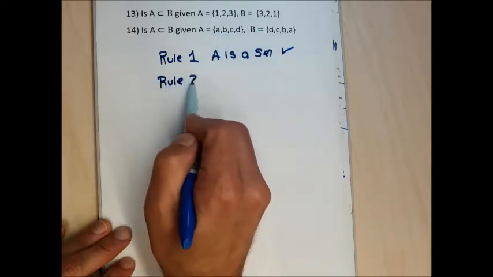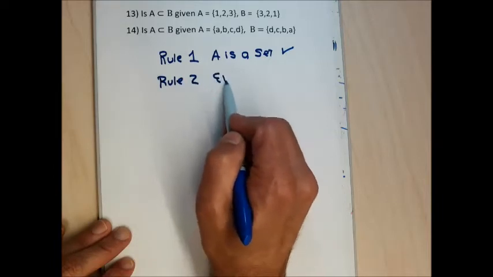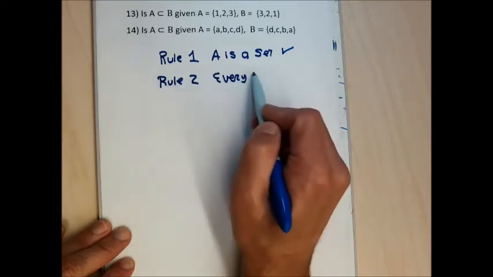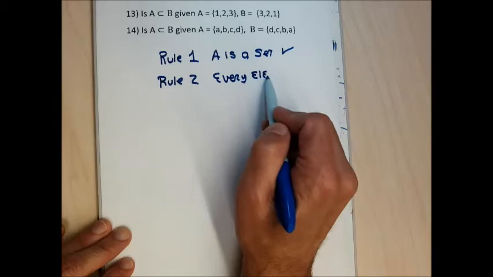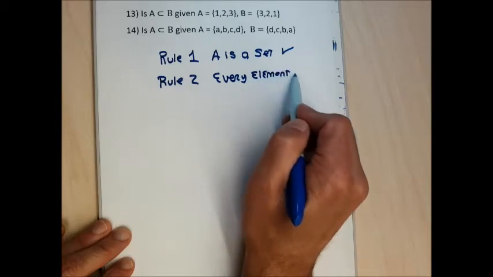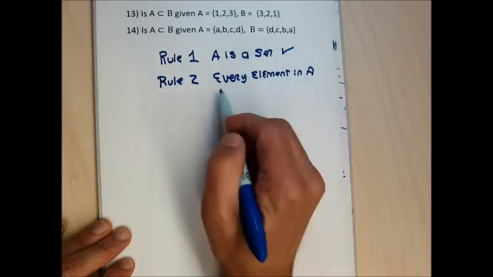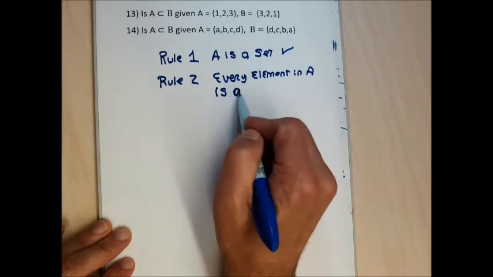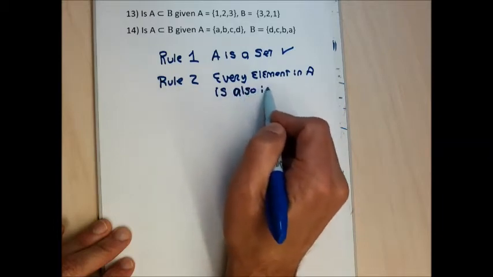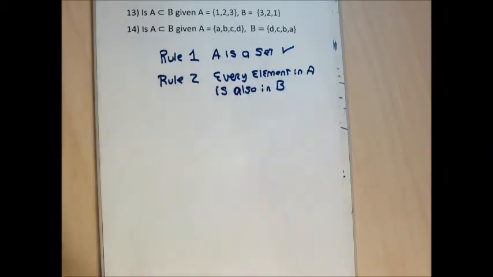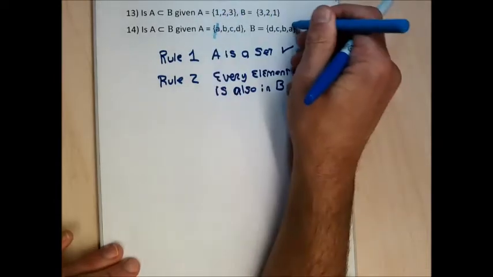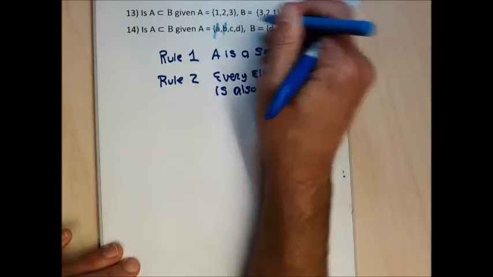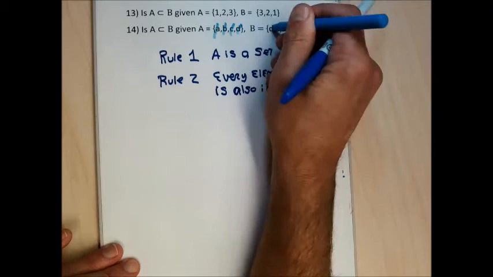Rule 2, to be a proper subset, every element in A is also in B. And that's fine because every element, A is in both sets, B is in both sets, C is in both sets, and D is in both sets.